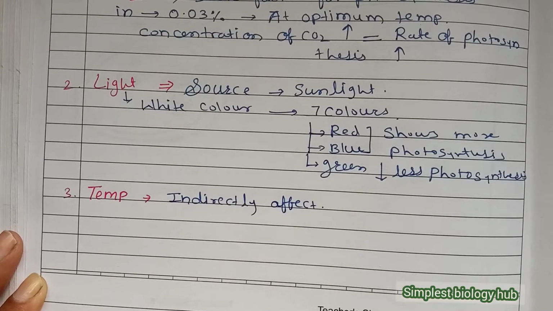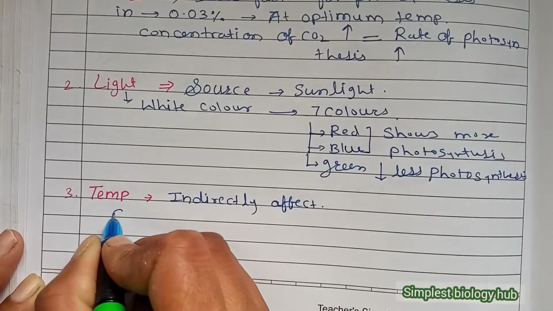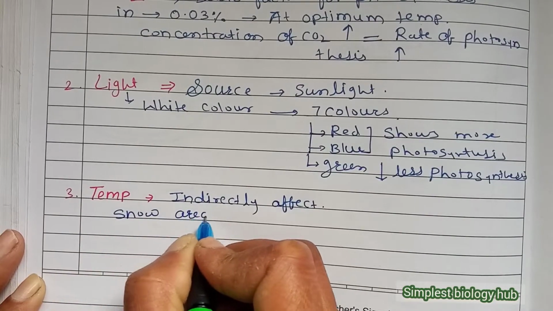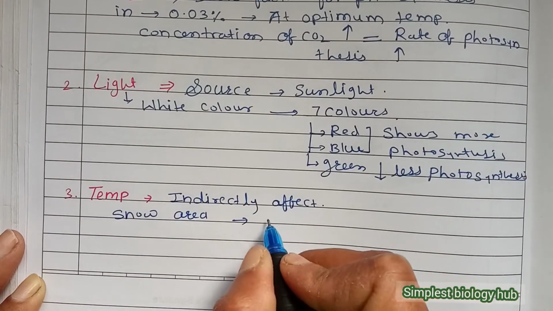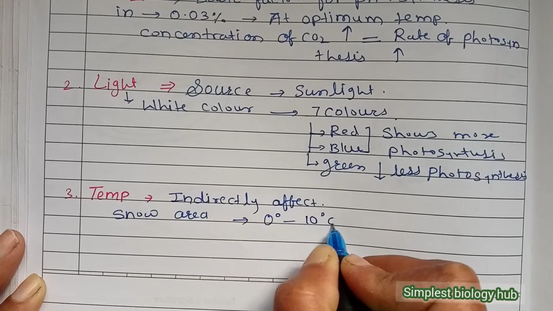So we talk here about some adverse conditions. In snowy areas, photosynthesis takes place at 0 to 10 degrees Celsius.